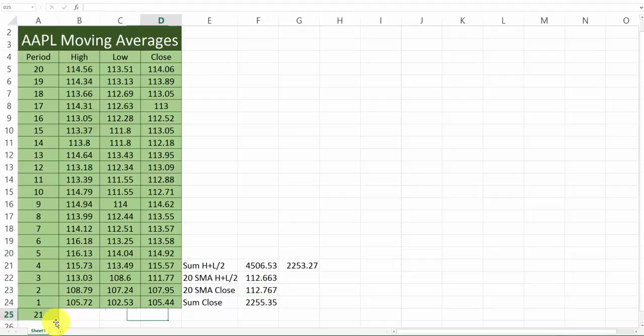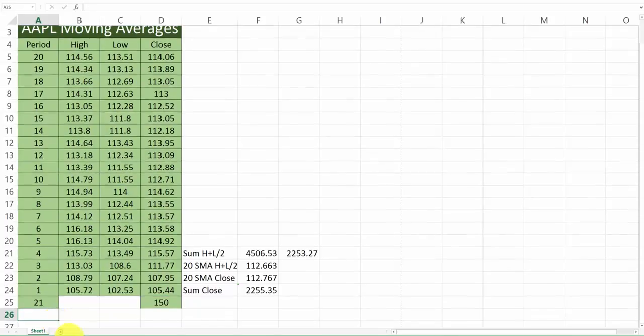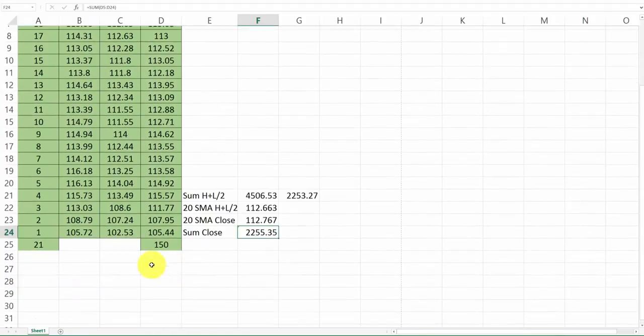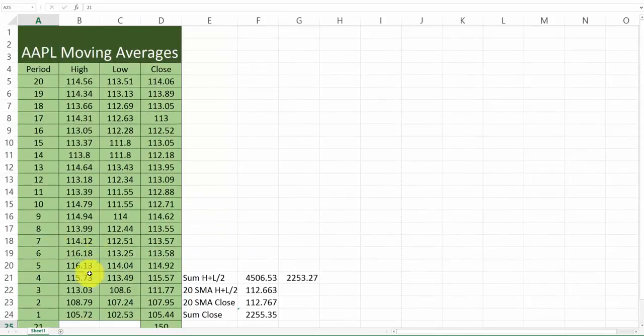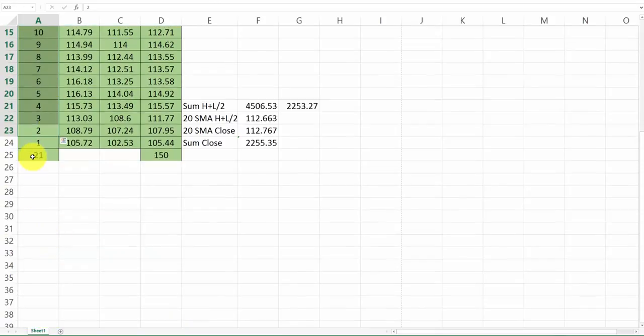So let's throw in a 21st day here. All right, ignore the highs and the lows. And let's just say Apple skyrockets to $150. Wouldn't that be nice? So, as you can see, if we were to take the sum of these periods, now we are not only ignoring the first day, but we have added in another one. So it's taking the 20 recent periods. So that would be 2 through 20 and this 21 right here.